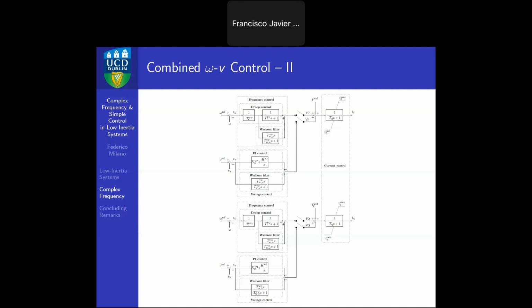I will call FP the control of frequency through P, then VP with obvious meaning, and FQ and VQ again with obvious meaning. We can do FP, VP, FQ, VQ control all together, or only, for example, the conventional one, which would be FP, VQ. That would be the conventional control that we do. But all combinations could work.